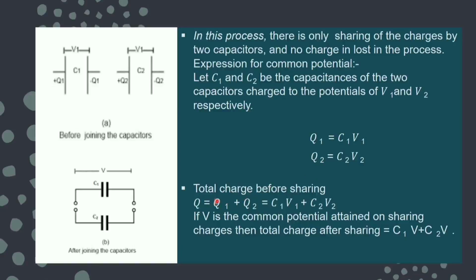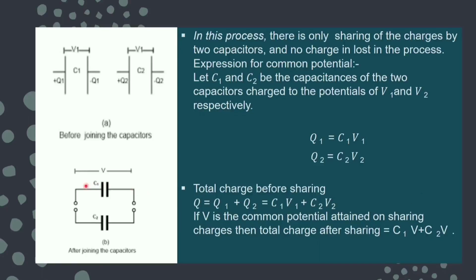Before sharing, the total charge can be written as Q1 plus Q2, which equals C1 V1 plus C2 V2. This is the total charge before sharing, which you may call equation number 1.